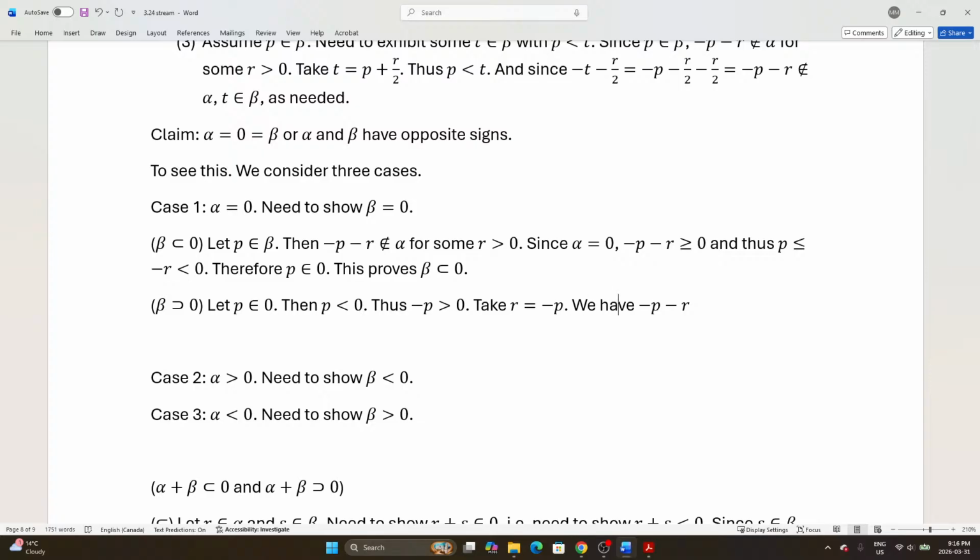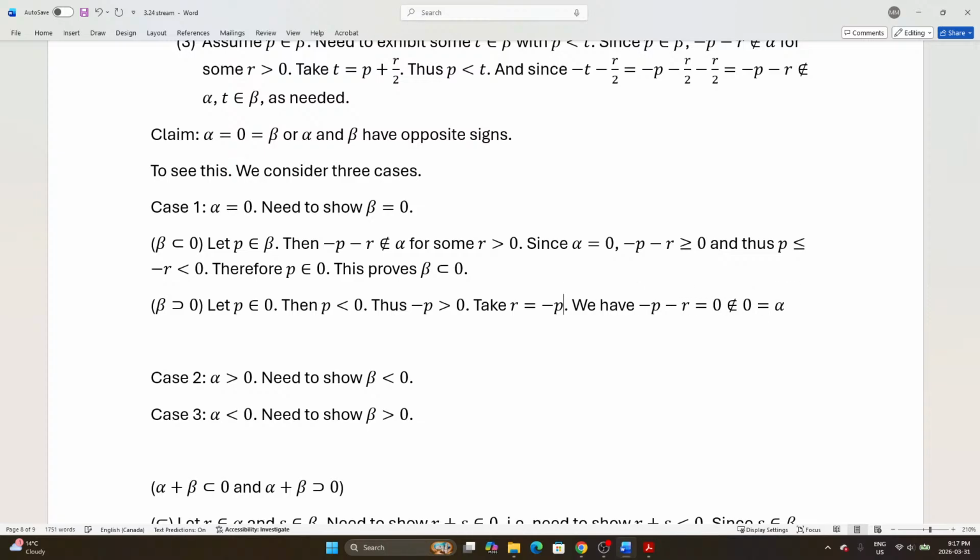Minus P minus R by definition is just minus P plus P, which is 0. And this is 0, which is not in alpha, because the cut 0 only contains negative rationals, so 0 is not in the cut 0, which is alpha.